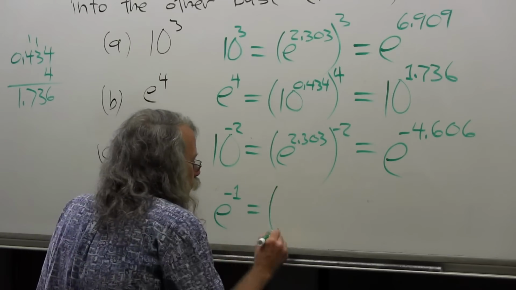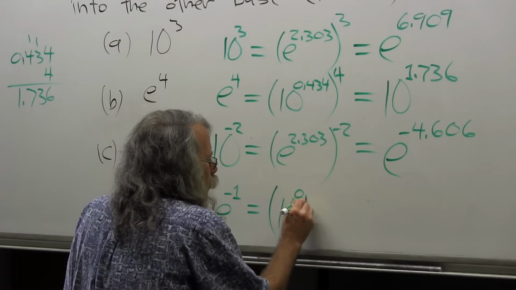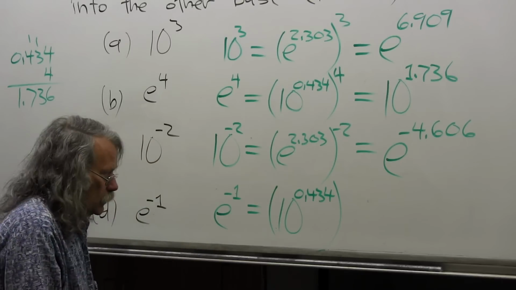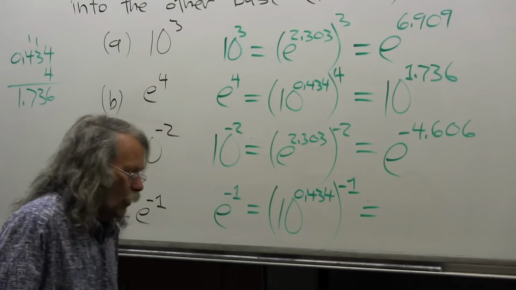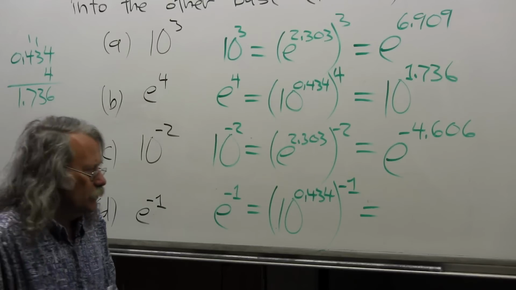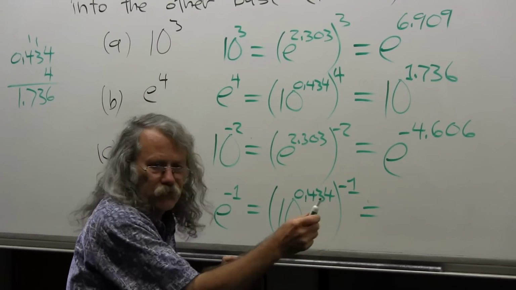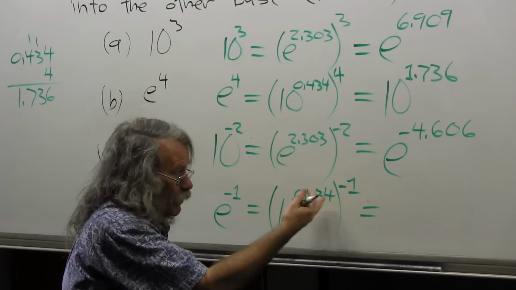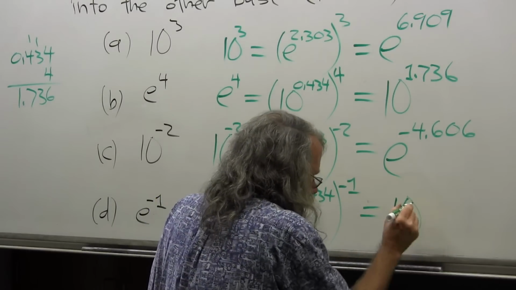I have to substitute in 10 to the 0.434 for the e term, and this is raised to the minus 1 power. And so I might be able to pull this one off without scratch paper, because I have to multiply times minus 1 this time. But it's still the same thing. You have to know when to add, when to multiply. This is one of those multiplication things. So it turns out that's going to be equal to 10 to the minus 0.434.